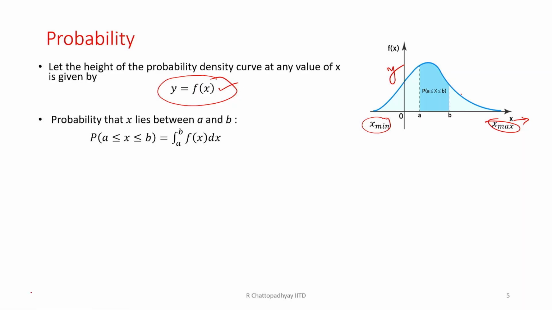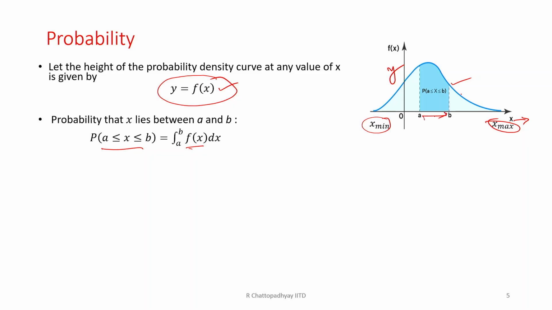The probability of x lying between the two limits A and B will be whatever is this. Suppose the equation describing this line is represented by f(x). So we simply need to integrate f(x) dx over the limit A to B, and that will give me the area between A to B, like it is shown here.